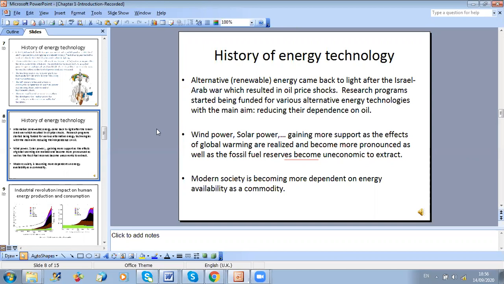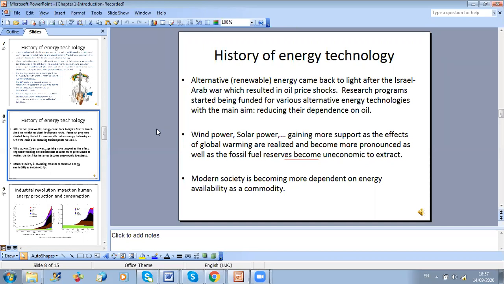And these techniques become more pronounced, as well as the fossil fuel reserves become uneconomic to extract, because we will see that we have reserves at a level close to the earth, and we have other reserves that are very deep in the earth. And the deeper the reserves are, the higher the economic cost to extract them.